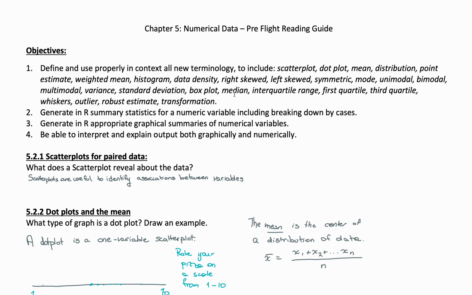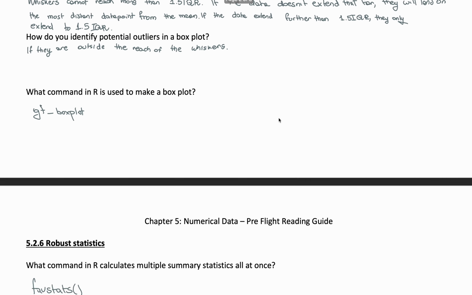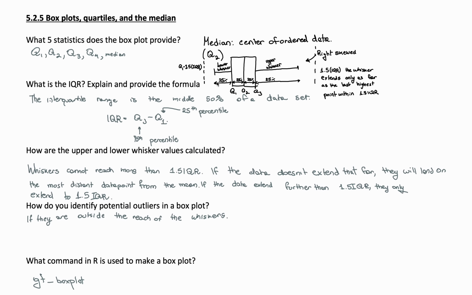The interquartile range is the middle 50% of the data, and it is displayed in a box plot. Then we have the first quartile, so right here. The first quartile would be this one right here, Q sub 1. Second quartile would be this right here. This is the median. Third quartile, and then this would be the fourth quartile.